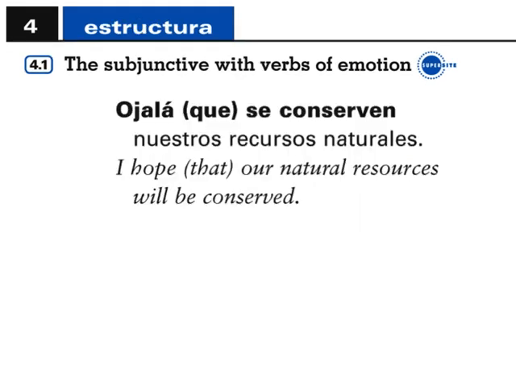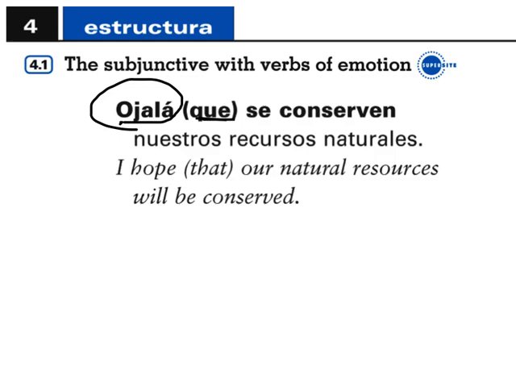So now we have two examples of ojalá. And remember, ojalá is usually used with the que, but doesn't have to be. So that's why that's in parentheses. Ojalá que se conserven nuestros recursos naturales.